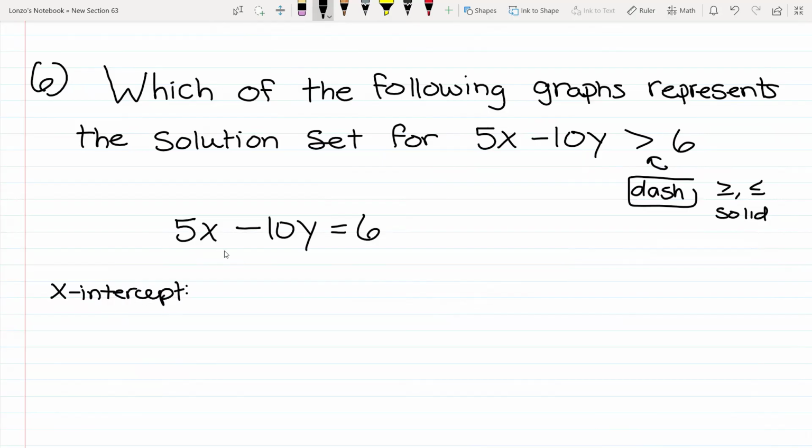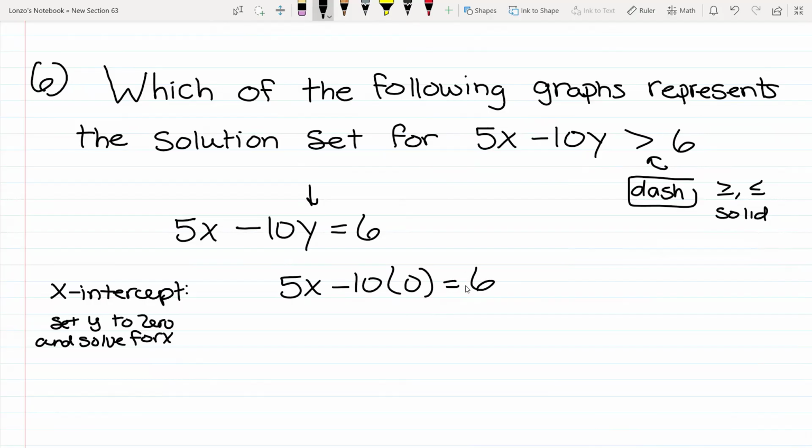So how do you find the x-intercept for any graph? All you've got to do is set y to 0 and solve for x. So set y to 0, so it's going to be 5x minus 10, replace y with 0, equals 6.